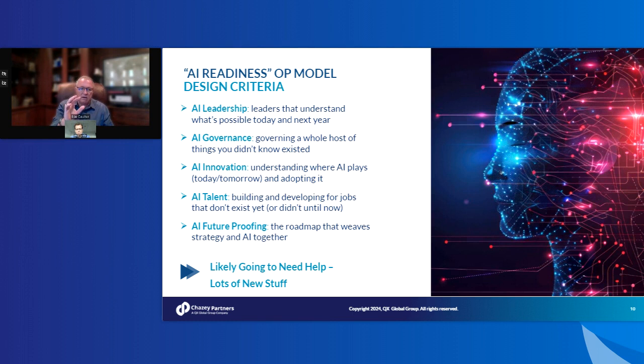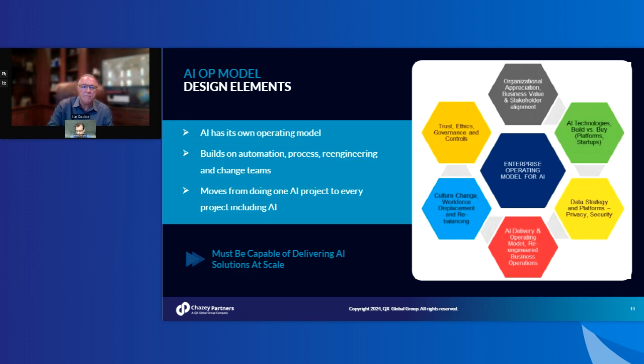There's a lot of new stuff here, and it means you're probably going to need some help as you go down this path. So let's take a little glance at the OpModel design elements.